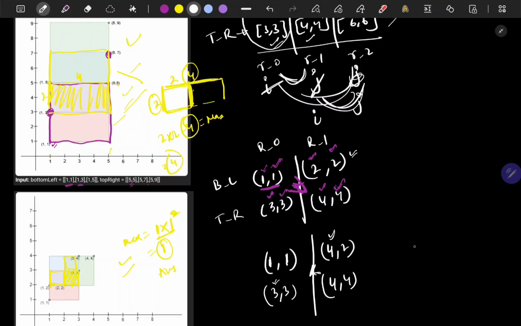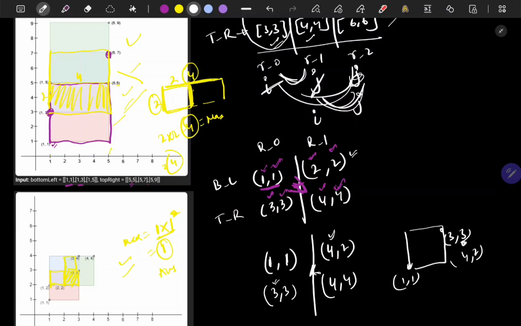So if you try to plot it, let's say this is (1,1), this is (3,3), (4,2) will be somewhere here, x is 4 for this one but y will be 2, so somewhere here.